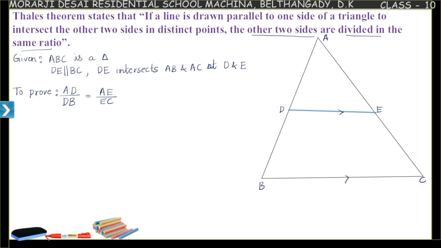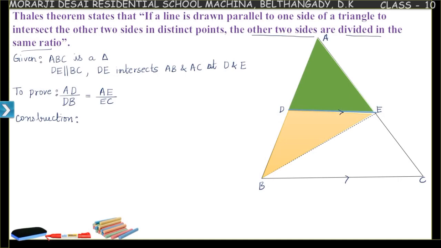Now to prove this, we need to do construction. You have to join BE and CD. To compare the area of triangle ADE and area of triangle DBE, I will take the base as AD and DB because we need the ratio AD by DB.